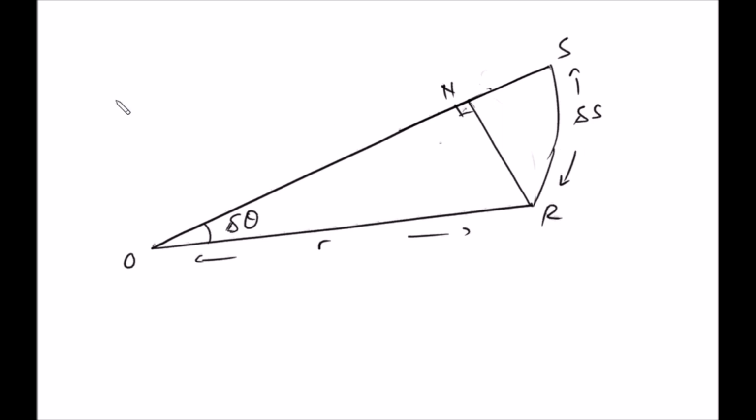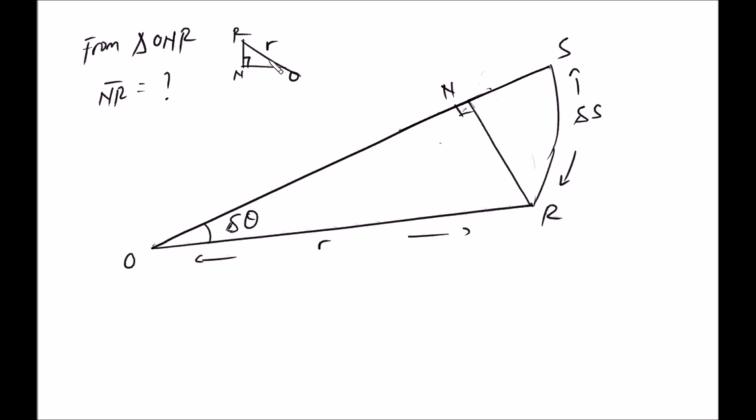So you can see from triangle ONR hapo, I can get NR. Kwa sababu hii ndo angle NRO, hii ni r, hii ni 90.